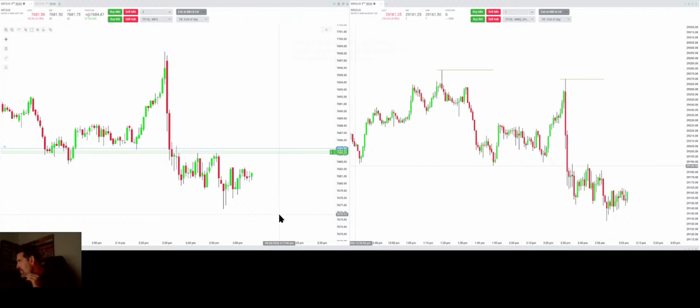NQ already did it. Yeah, I see. They want to pick it up, yeah. Of course they want to. There's the spike.